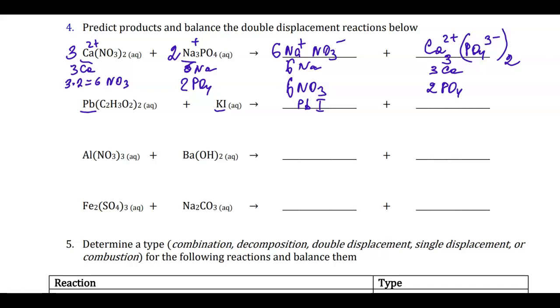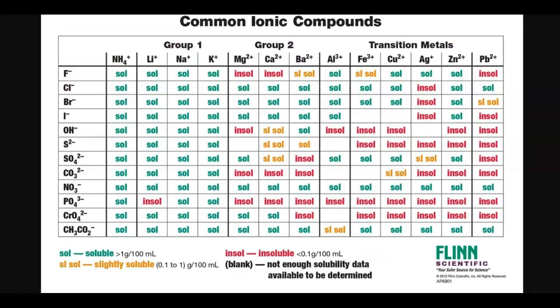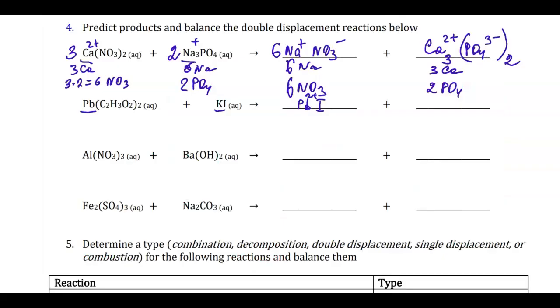And for Pb, it's 2 positive. For iodide, it's just negative. And the formula will be PbI2. And potassium will go here, so potassium and this C2H3O2. We can find it here.